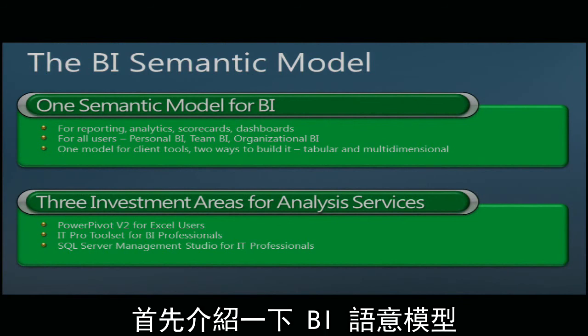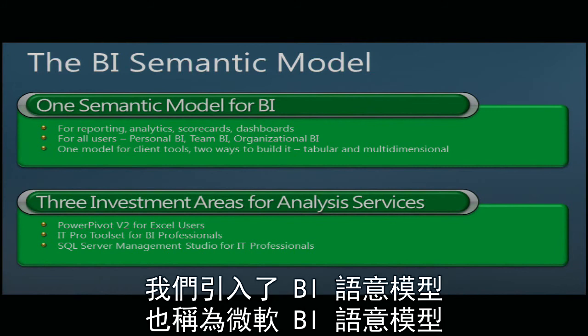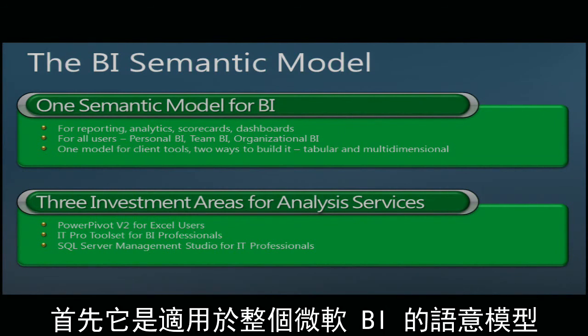The first area I would like to talk about is the BI semantic model. As you may have heard from other sessions, with this release of SQL Server 2012, we are introducing what we call the BI semantic model, or the Microsoft BI semantic model. So there are a few different angles you can look at this. First of all, we are thinking of one semantic model across BI for Microsoft.